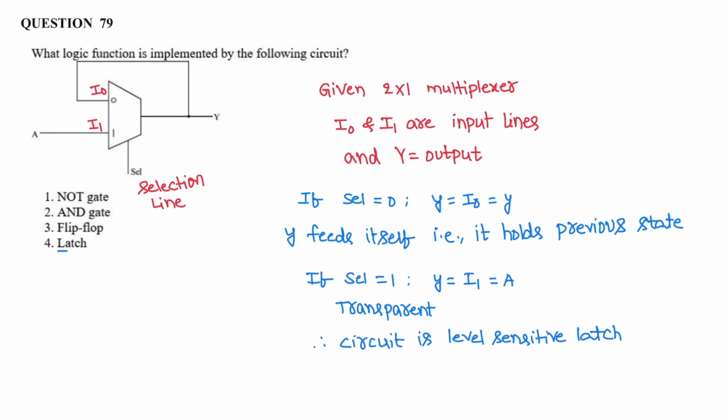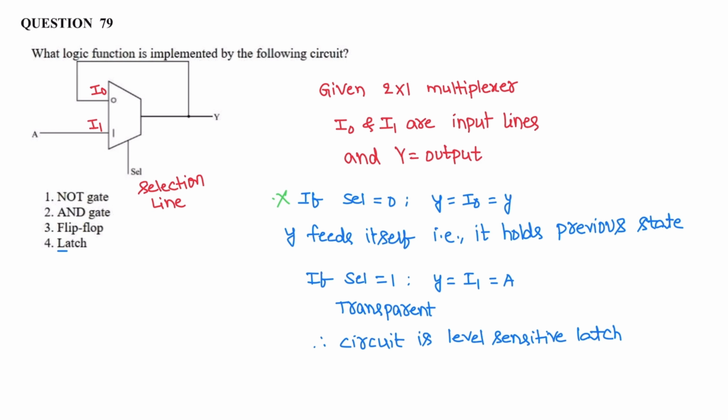Question number 79. What logic function is implemented by the following circuit? The given circuit is a multiplexer. This given circuit is a 2 by 1 multiplexer where I0, I1 are the input lines and Y is the output line, SEL is the selection line.